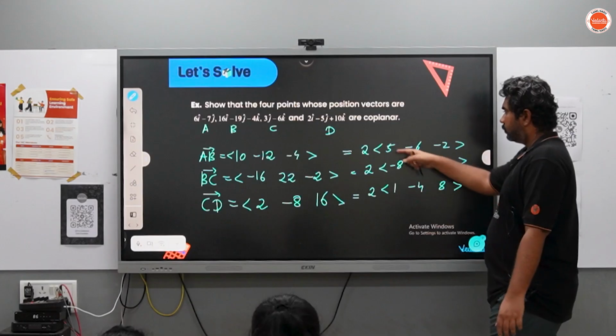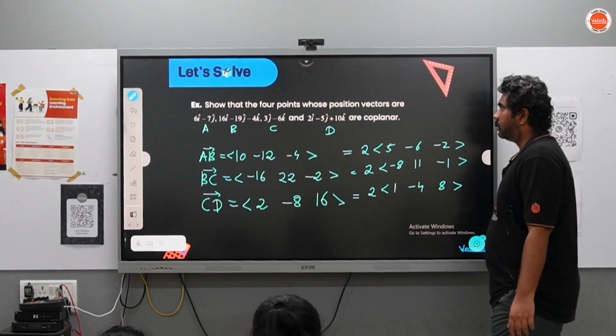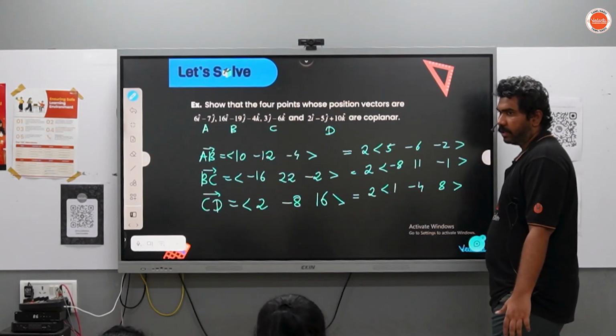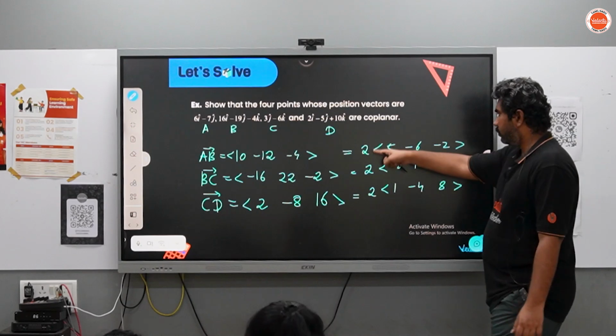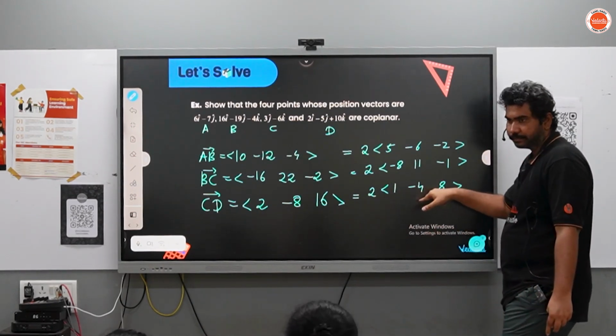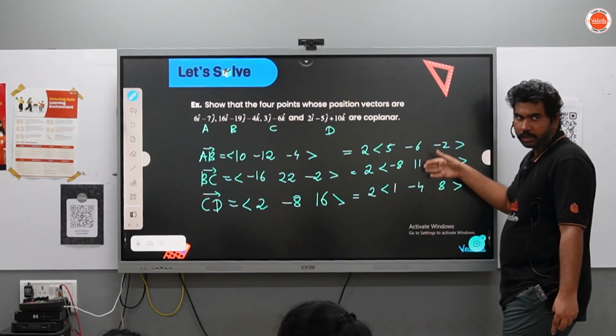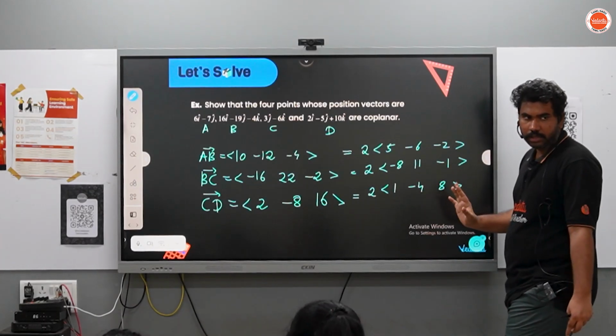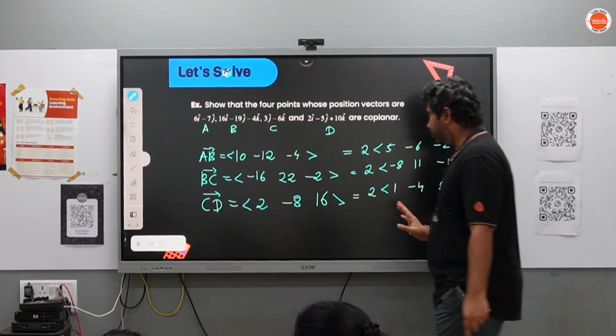And now since they are asking us to show that the points are coplanar, we don't have to take these values. We can just form a determinant using only these 3. If the box product of these 3 vectors is 0, then it is done, we have proved.